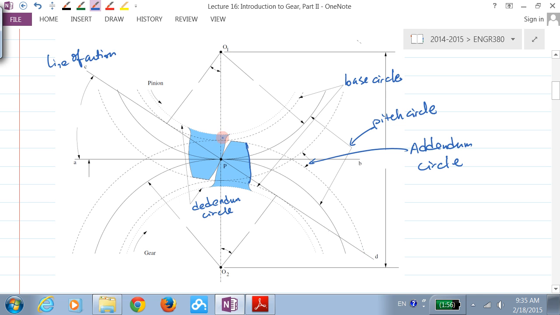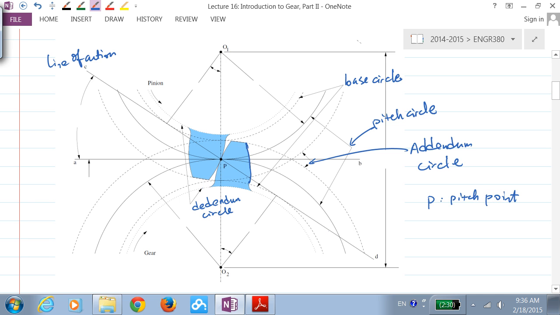So this pinion tooth will push the gear tooth, and the force being pushed or reacted is along this line of action CD. And the line CD intersects the line O1O2 at this point P. That point P is called the pitch point, the tangent point between the two pitch circles.